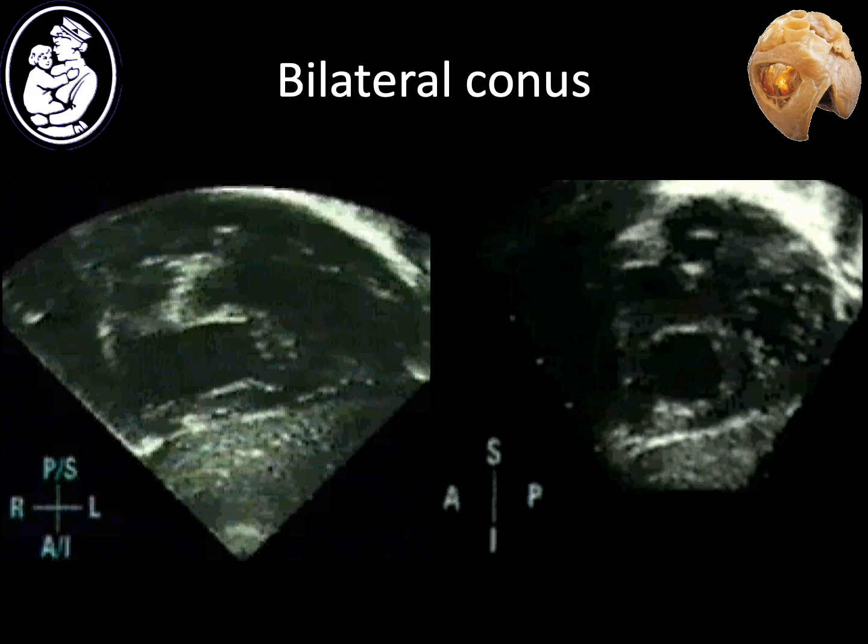Here we see an example of transposition with bilateral subarterial conus. The left panel is a subxiphoid long axis view. The right ventricle is aligned with the aorta, and the aortic valve is separated from the tricuspid valve by infundibular muscle.